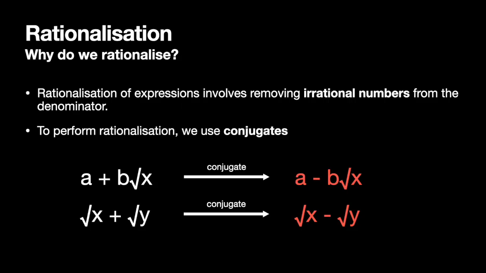And similarly, the square root of x plus the square root of y has the conjugate of the square root of x minus the square root of y. So multiplying conjugates together uses the identity that a plus b times a minus b equals a squared minus b squared. And what we're doing here is eliminating the square root from the expression completely.